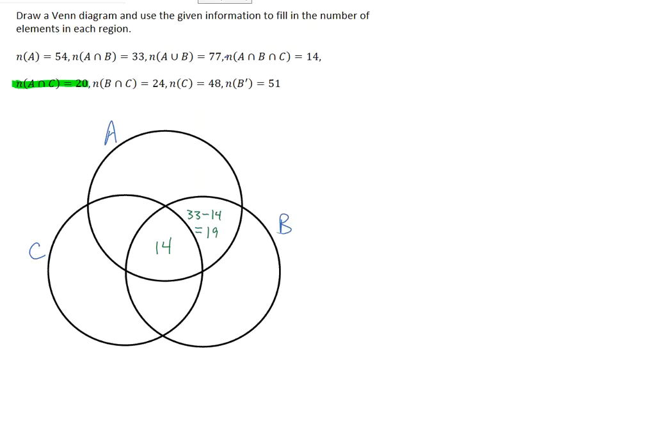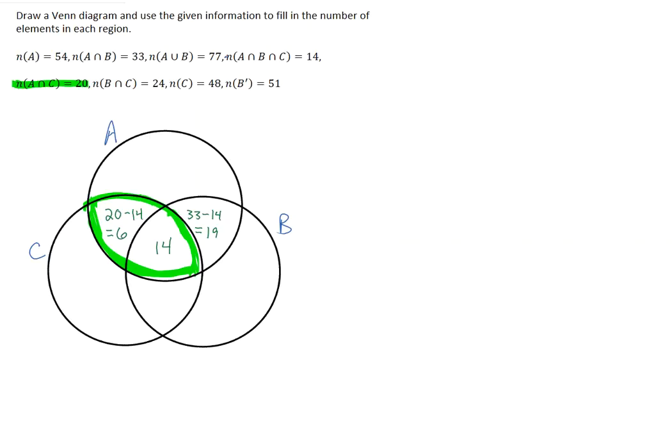That corresponds to this area here. And again, one of the easy mistakes that people make a lot of times is they'll say this area is 20, but that is not correct. That area is 20 minus the 14 we've already accounted for. And so that's going to give us a 6.